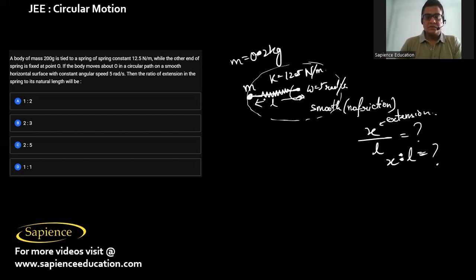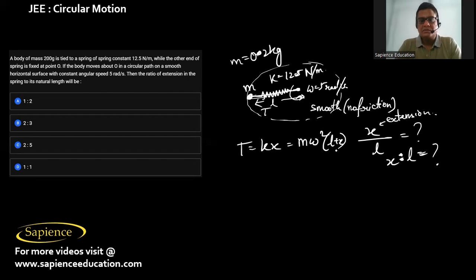So now here you can say that the tension force is equal to kx, and that is equal to m omega square into L plus x.